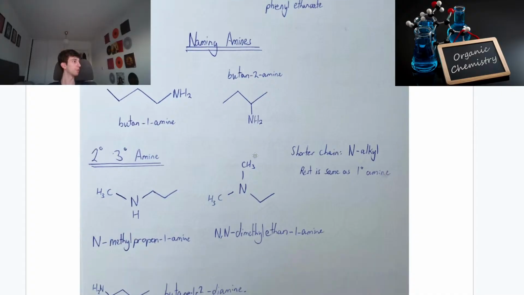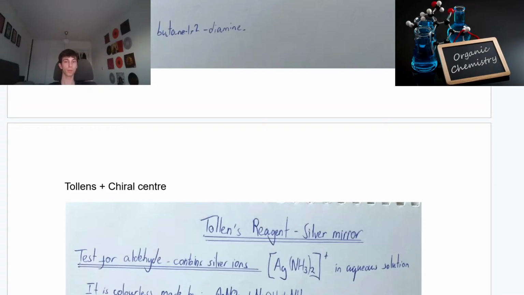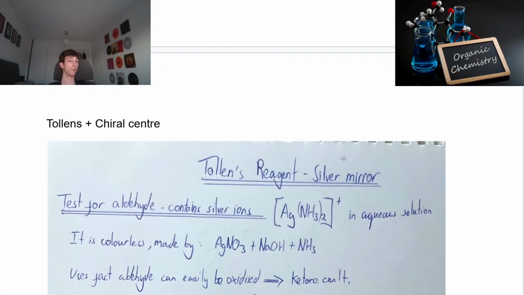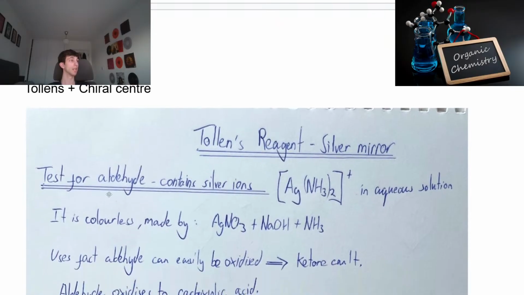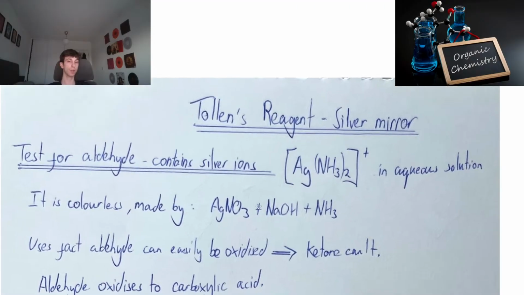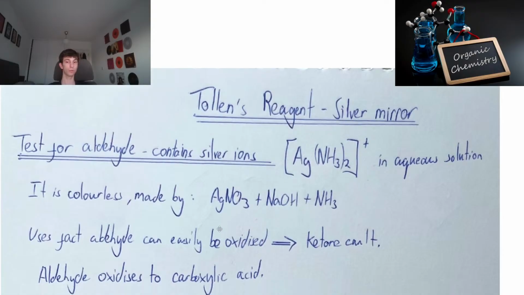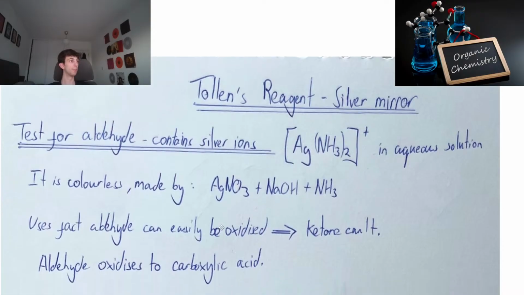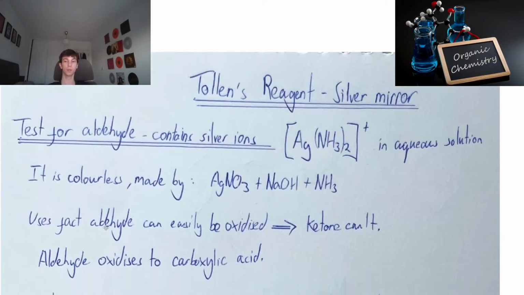Tollens. Exactly, Tollens. Perfect, guys. So how Tollens works: it forms a silver mirror in the presence of an aldehyde. So we test for an aldehyde, and it contains those silver ions, Ag(NH3)2+ in an aqueous solution. It's colorless, and it's made from silver nitrate, sodium hydroxide, and ammonia. Yeah, 2,4-DNP is Brady's. You can say Brady's.